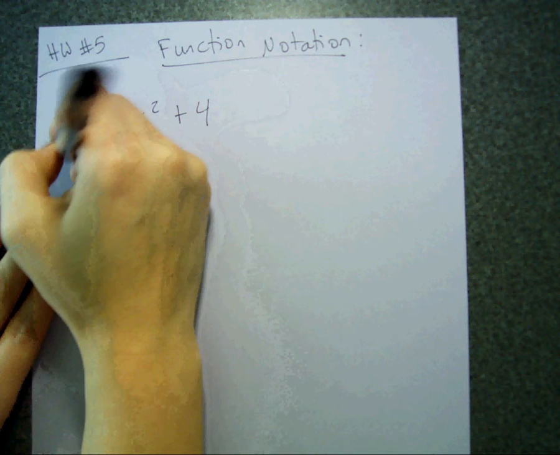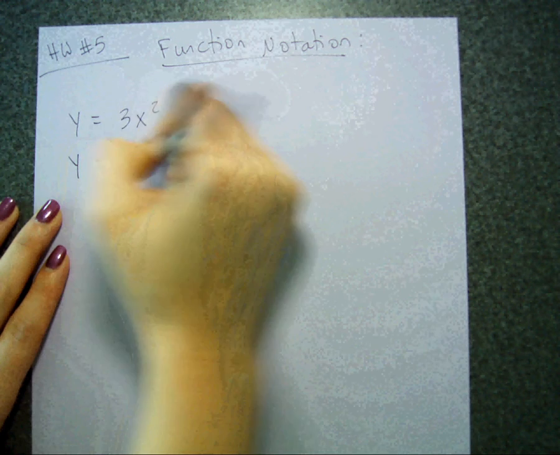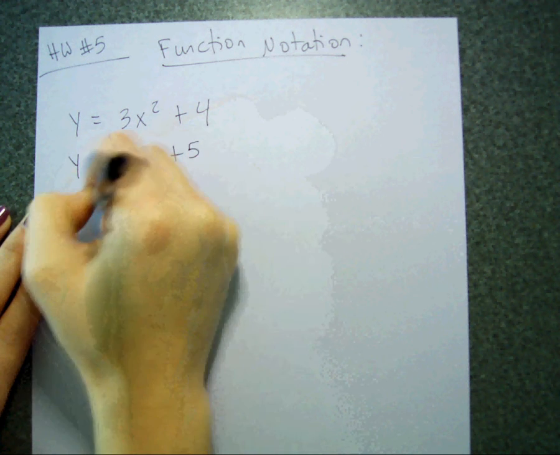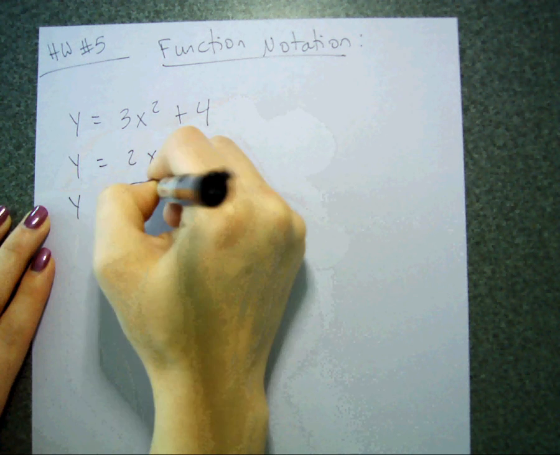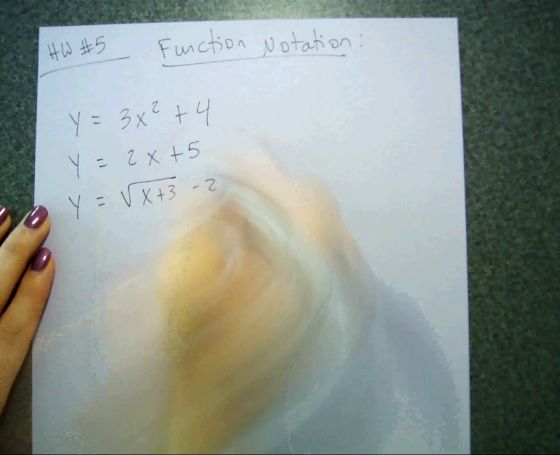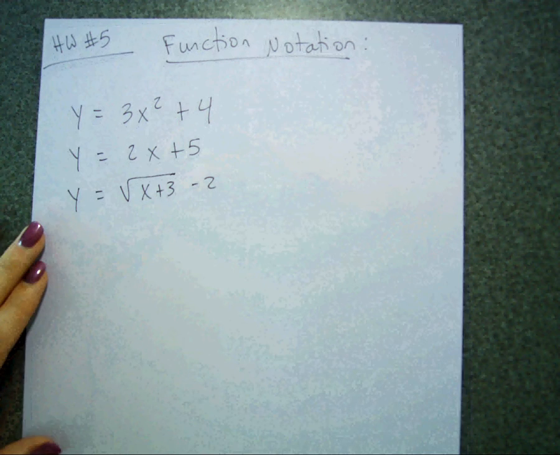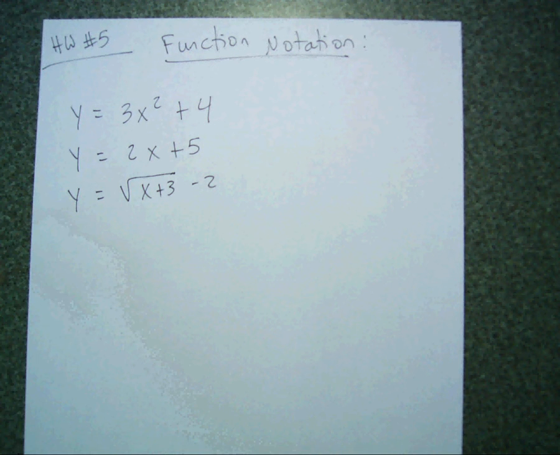So let's say I have this list of 3 functions right here. If I tell you to plug in 7 for x, this gets crazy.